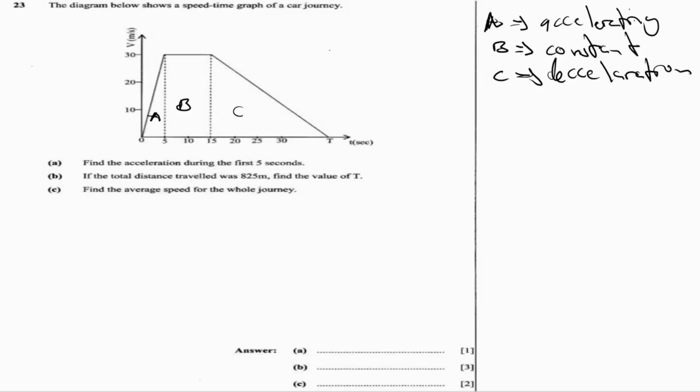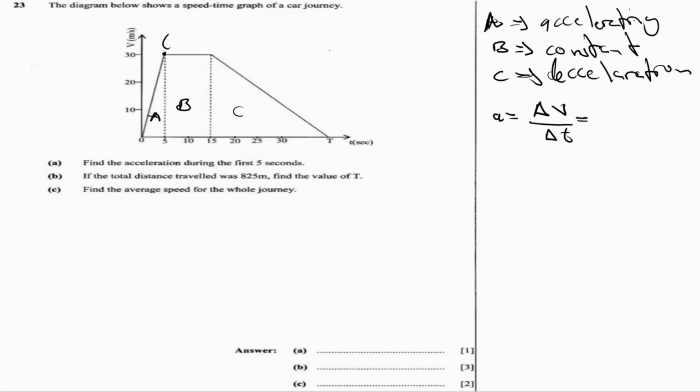So what happens here? Our car moves from 0 to 30 in 5 seconds. So for part A, the acceleration is delta V over delta T. This is similar to just calculating the gradient of this line in A. In order for us to calculate, we need to find the coordinates here.